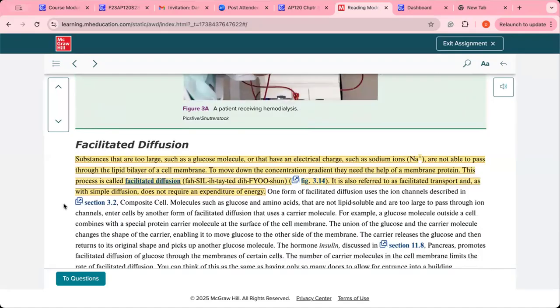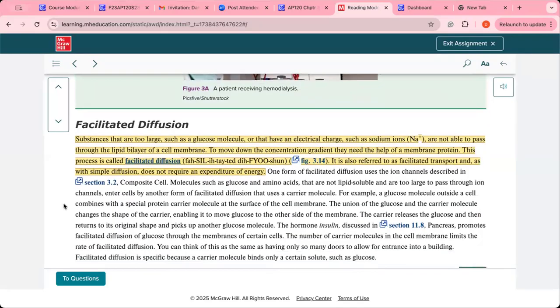Okay, so substances that are too large, such as a glucose molecule, or that have an electrical charge, are not able to pass through the lipid layer of a cell membrane. To move down the concentration gradient, they need the help of a membrane protein. This process is called facilitated diffusion.